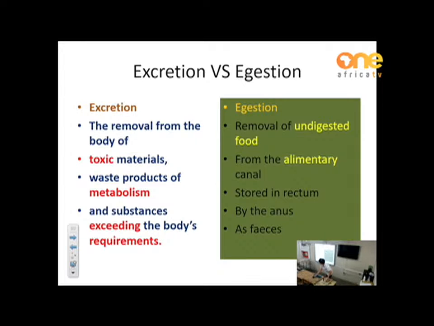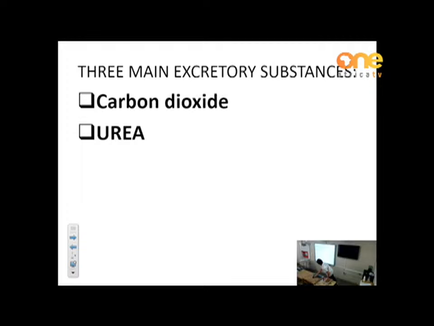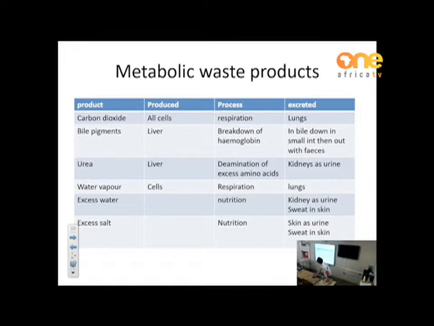Good. Okay, now our three main substances: carbon dioxide, urea, and water. I think we said enough about that. So I want us to think through this, and then you are going to continue with your worksheet. Carbon dioxide, all cells will produce it during the process of respiration, and it is excreted by the lungs.